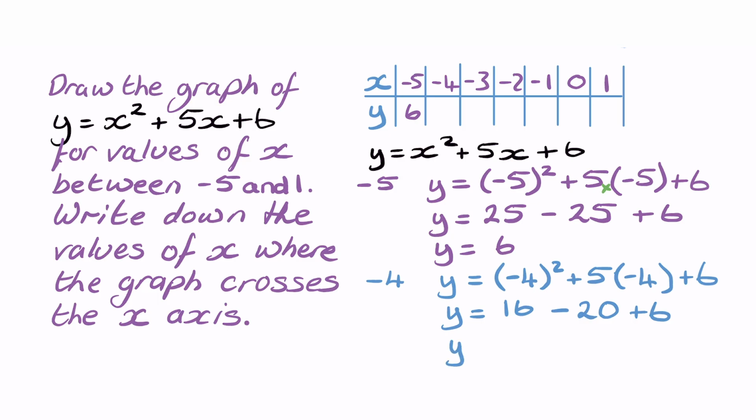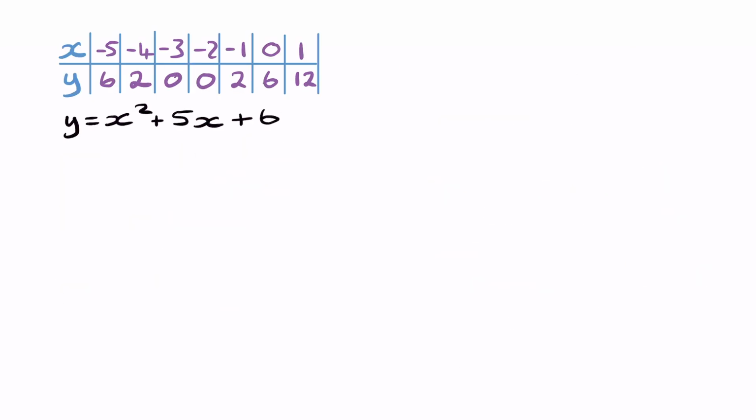So here y equals 16 minus 20 is -4, plus the 6 gives you 2. Then you go on and do each number until they're all filled in. -3 was 0, -2 was also 0, -1 was 2, 0 was 6, and 1 was 12. And now we need to go on and draw the graph. So there's all the information that we need.